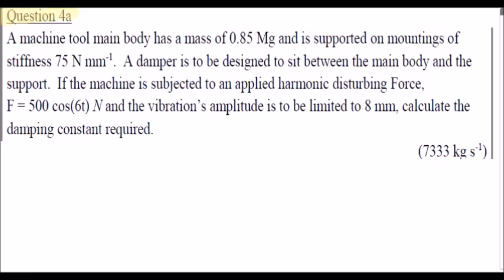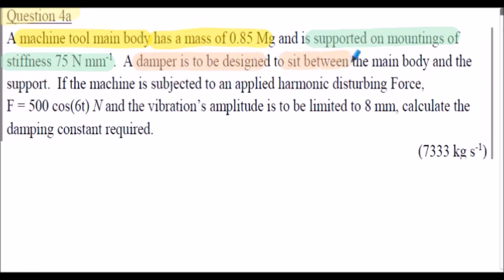Question 4a. A machine tool's main body has a mass of 0.85 megagrams and is supported on mountings of stiffness 75 newtons per millimeter. A damper is to be designed to sit between the main body and the support.